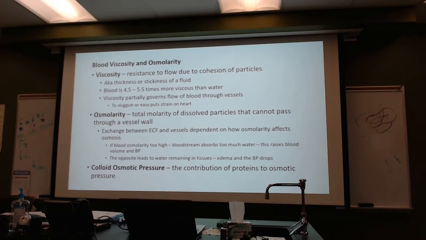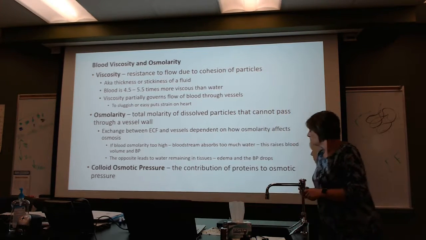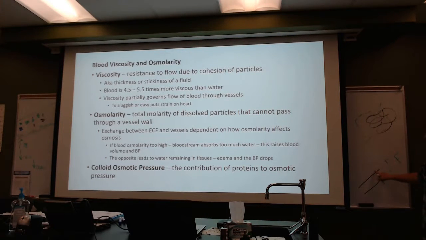What does that mean about the rest of the vessels? They're much thicker. But at the capillary beds, they're only one cell layer. This is my blood vessel, and it's only one cell layer thick.